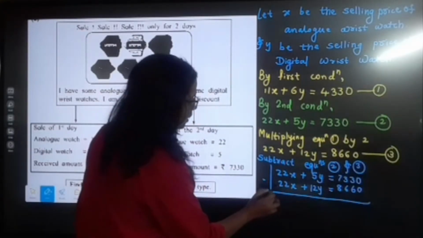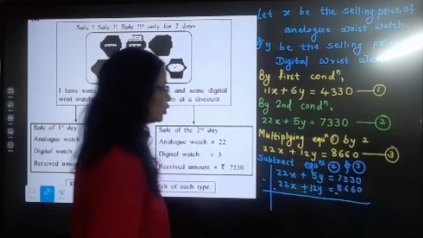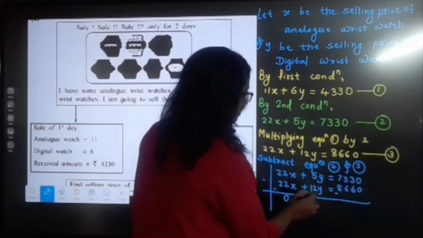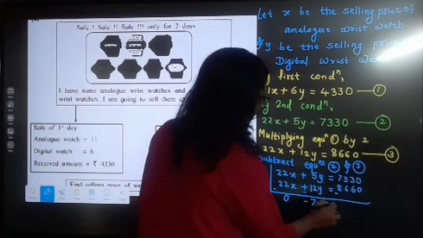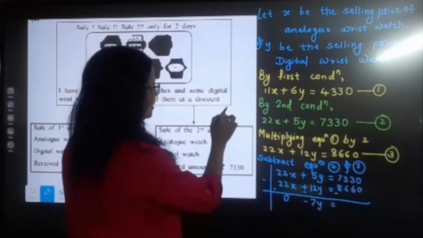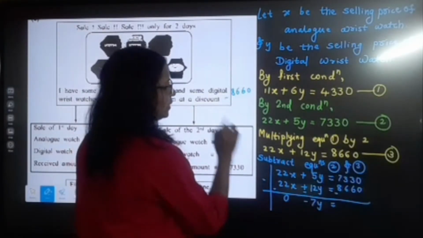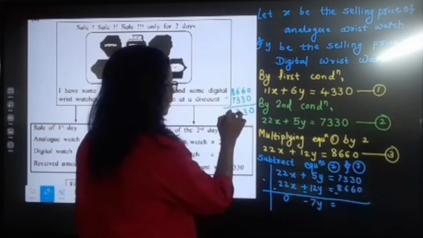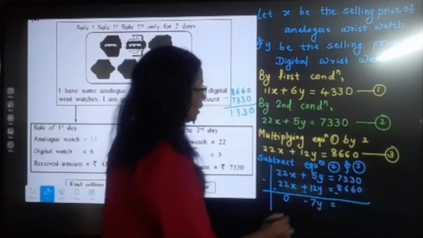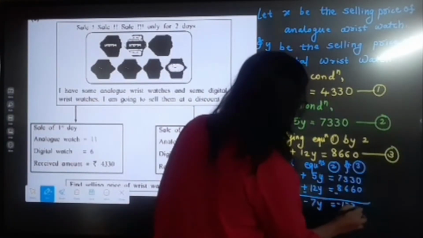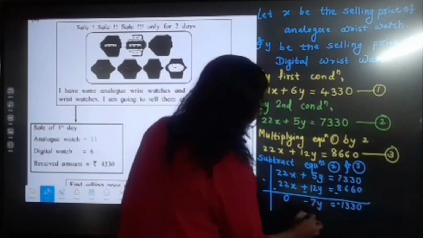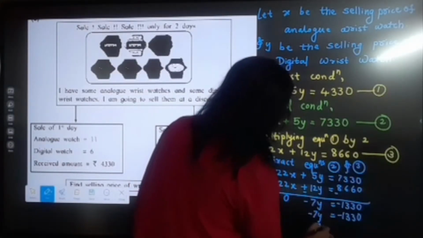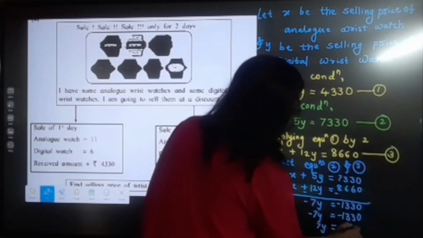Change the sign: 22x minus 22x is 0, then 5y minus 12y is minus 7y, is equal to 7,330 minus 8,660, which is minus 1,330. So minus 7y is equal to minus 1,330. That means 7y is equal to 1,330.